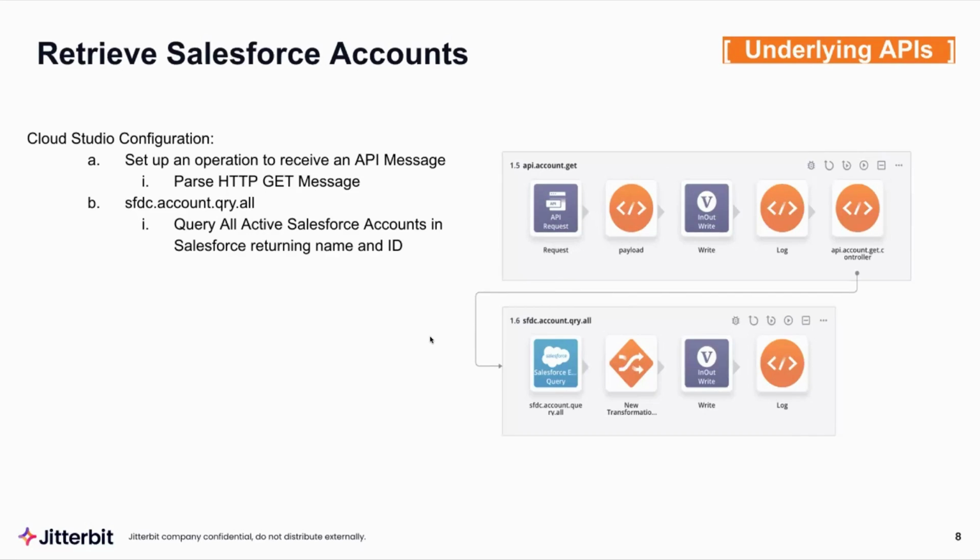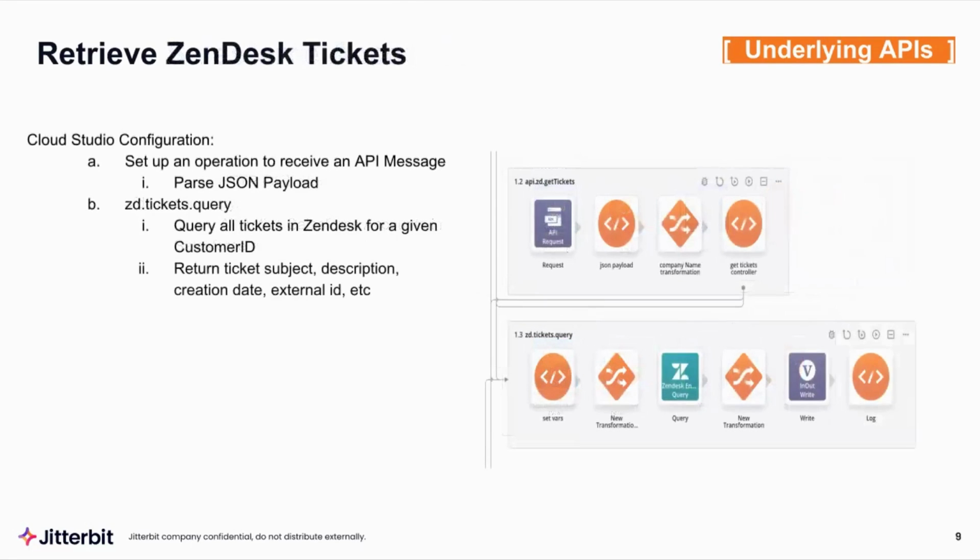All right. The third API that we're using is something similar, but in this case it is a retrieval of a Zendesk ticket, because at some point we want to show those tickets in the app that we're building. So we need a way to retrieve that information on a regular basis. This receives a JSON payload from the consumer, and once we have that payload, we retrieve a company name, and we use it to query the tickets from Zendesk that are pertinent to that account.